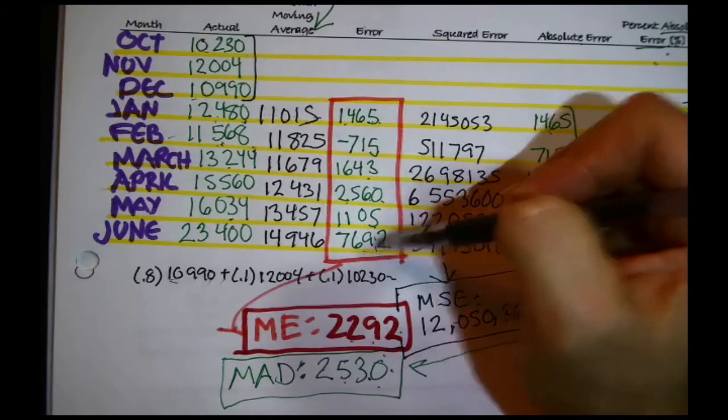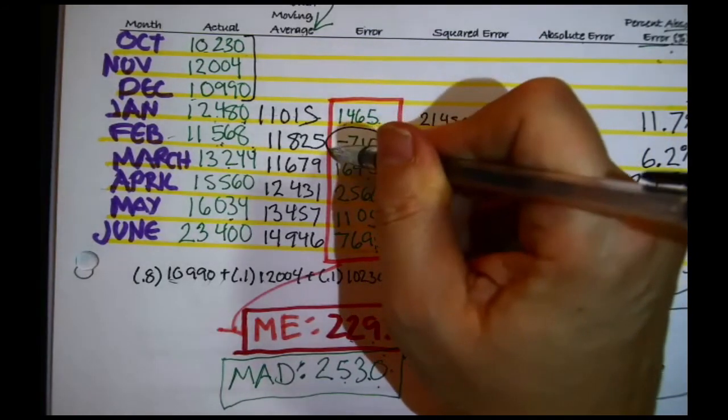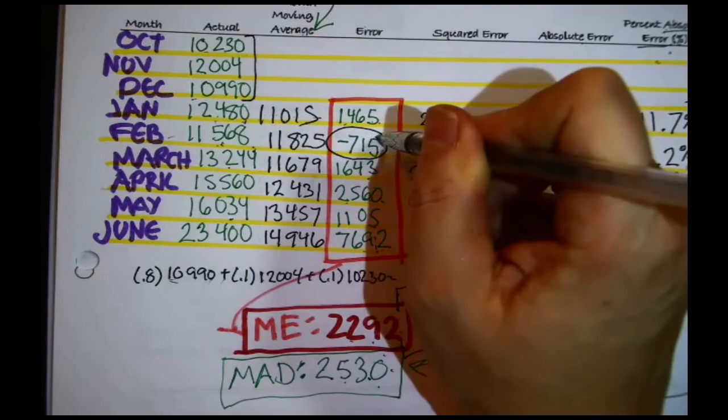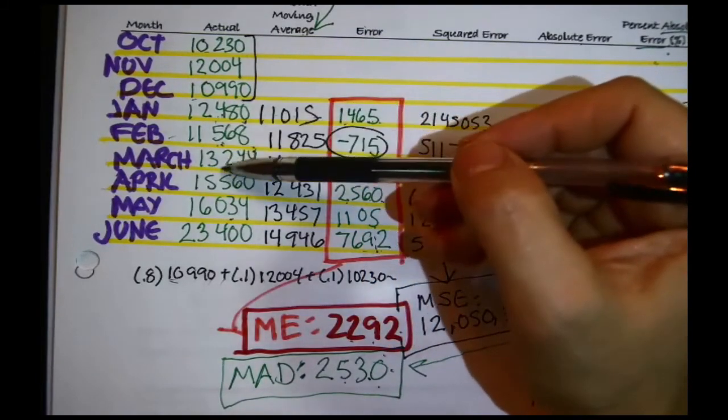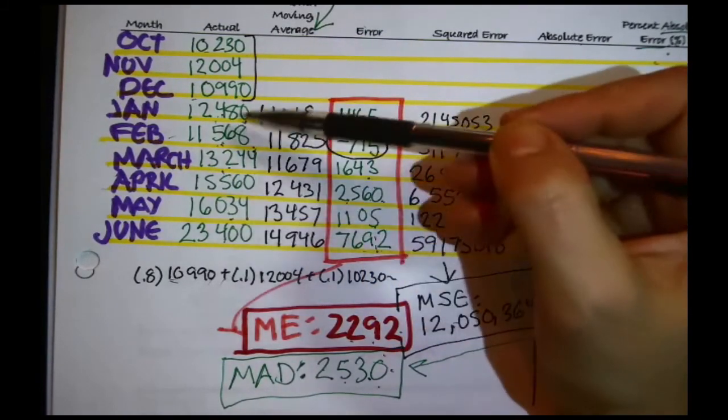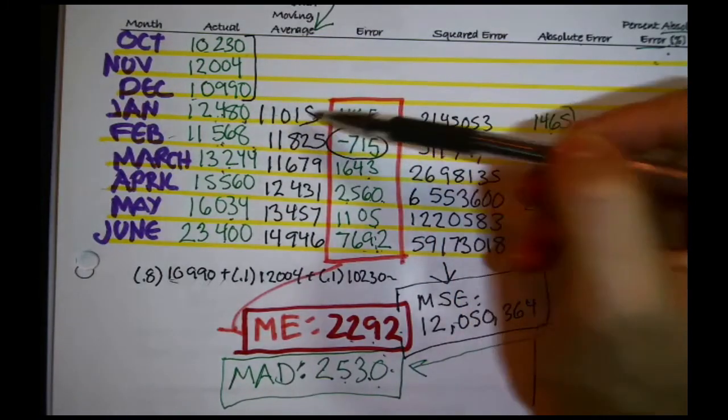Do you notice that there's only 1 month where there's a negative error? What that means is over this simulation of 6 months, in 5 out of the 6 months, the forecast was too low. In 5 out of the 6 months, the forecast was too low, which resulted in a positive error, which meant that when you were averaging together the errors, they didn't cancel each other out. Oh, so that you got a big fat mean error. That is indicating that there's a bias. There's a tendency to forecast too small.